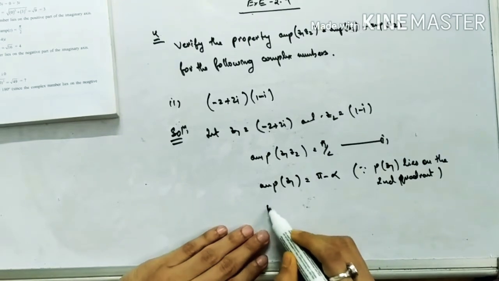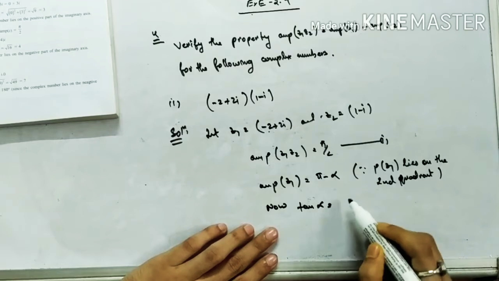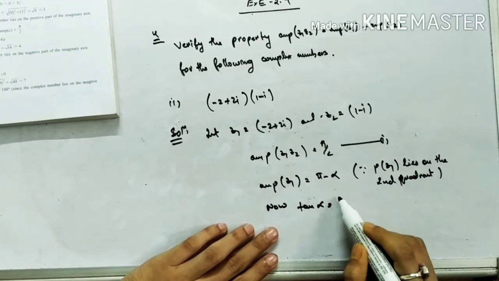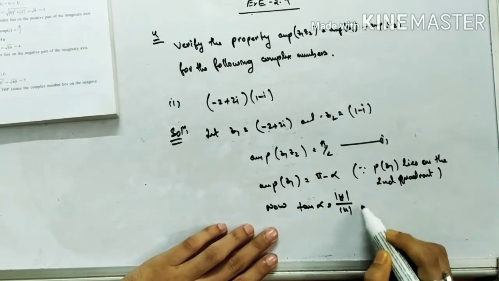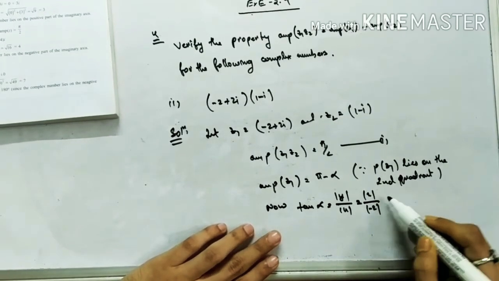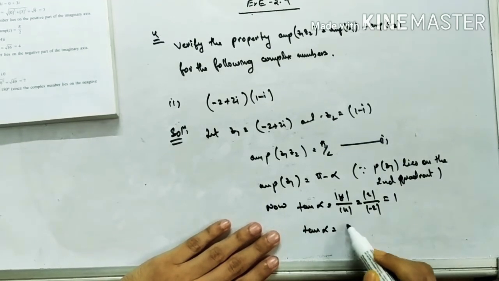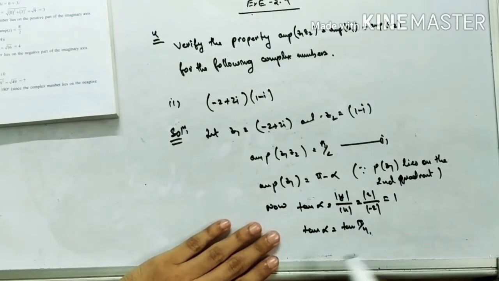Now tan alpha is equal to modulus y by modulus x, which is 2 by 2, which gives me 1. So tan alpha is equal to 1, alpha is equal to pi by 4.